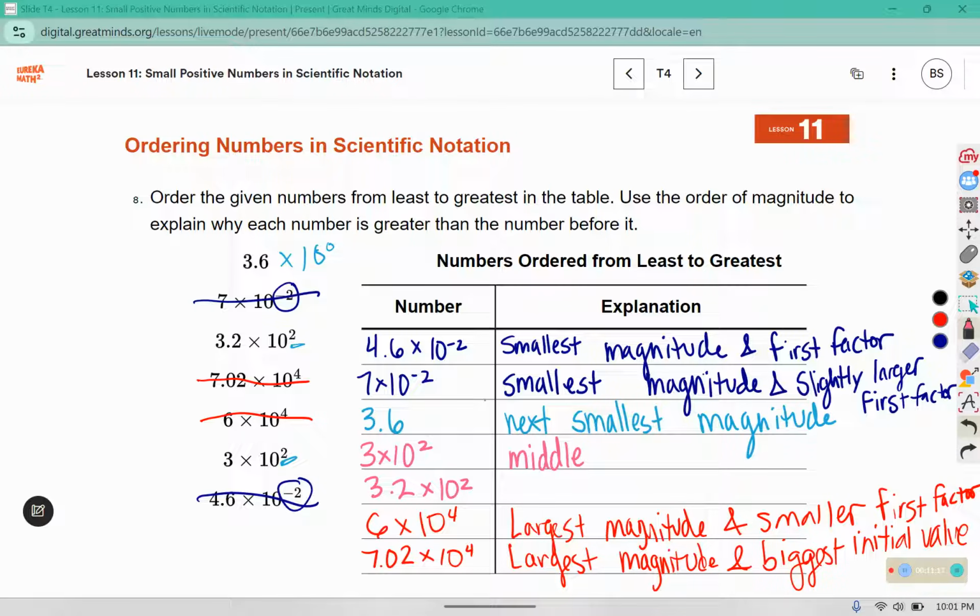It's the medium order of magnitude, or in the middle. And that takes care of all of them in our list.